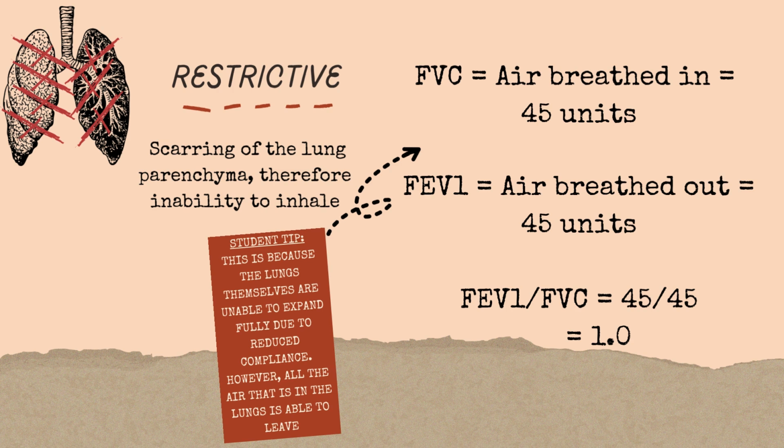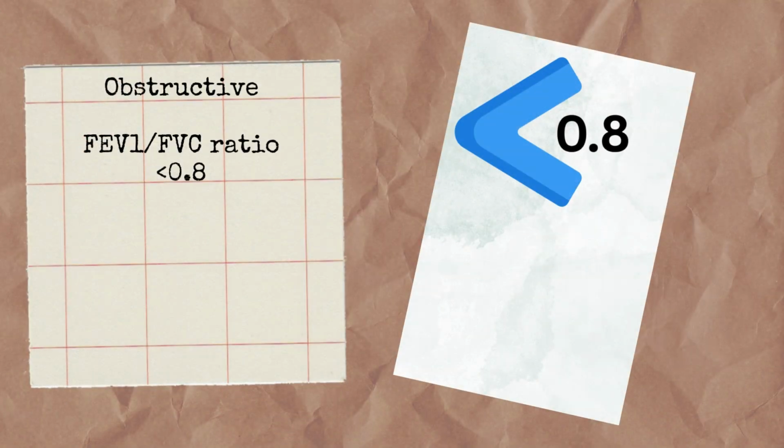So remember, with the restrictive disorders, the lungs themselves are actually unable to fully expand due to a reduced compliance for whatever reason, whatever pathology. However, all of the air that is taken in is actually able to be breathed out, and therefore we obtain an FEV1 FVC ratio of 1.0. Now, it shouldn't come as a surprise that everything has to be standardized.